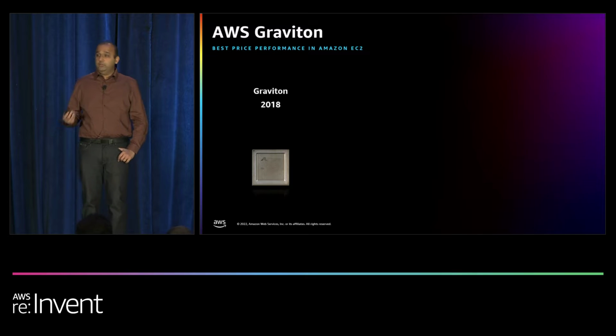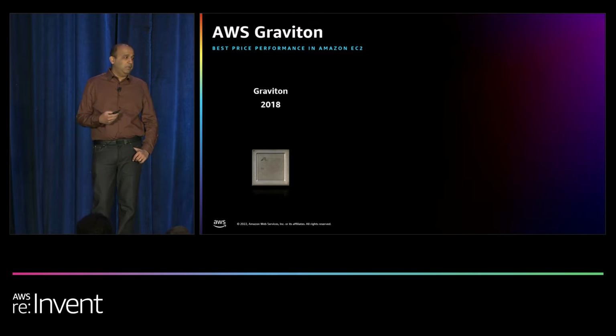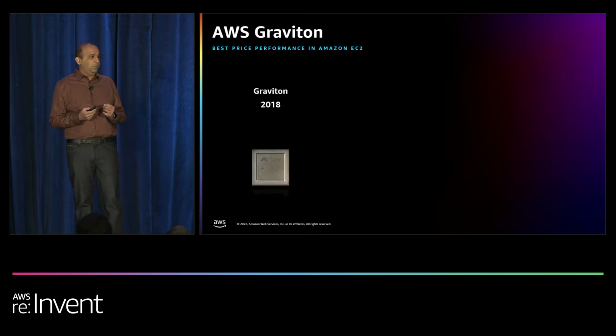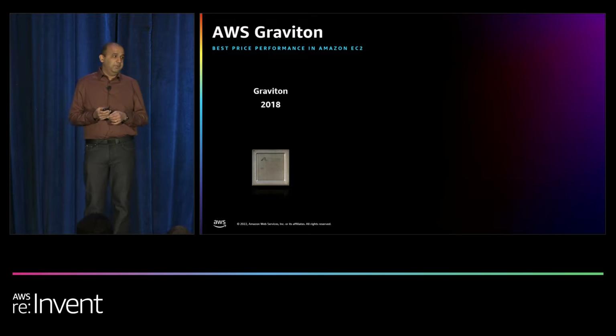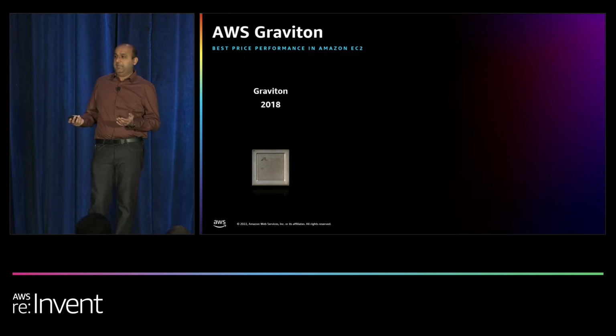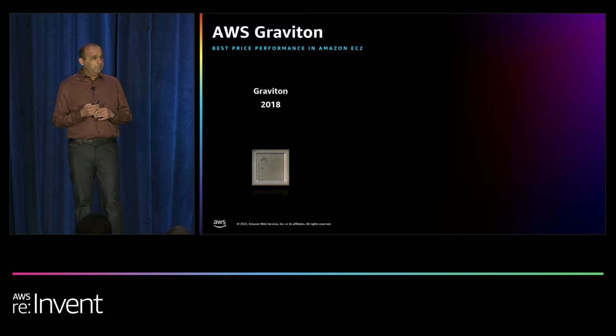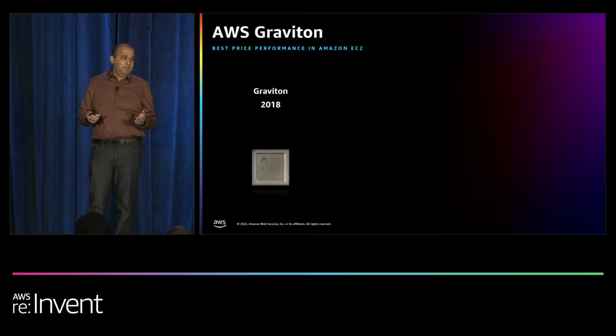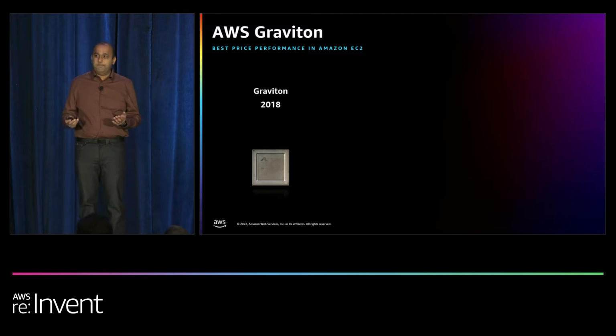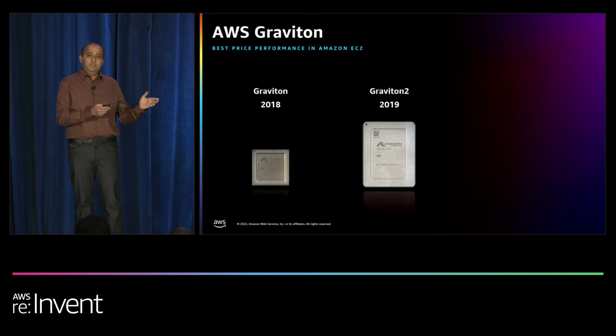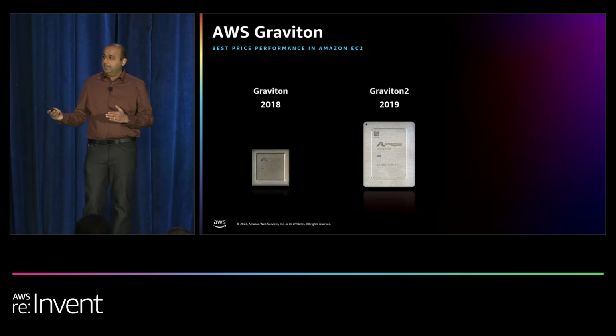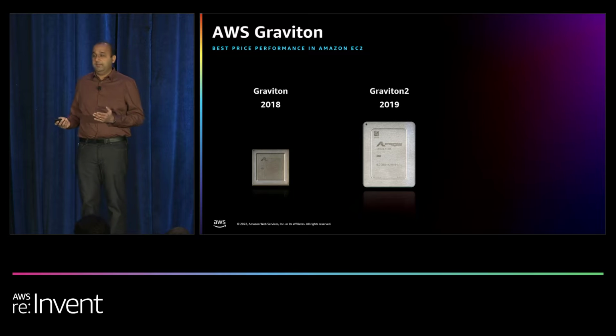So looking at our Graviton journey, the AWS Graviton journey started back in 2018 with the first iteration of the Graviton chip that powered the EC2 A1 instances that introduced ARM as an architecture for the first time in the cloud. And that really proved out that applications could run in the cloud at scale on ARM-based servers. And since then, with each iteration of the Graviton chip, we've continued to push performance and efficiency at a large scale.